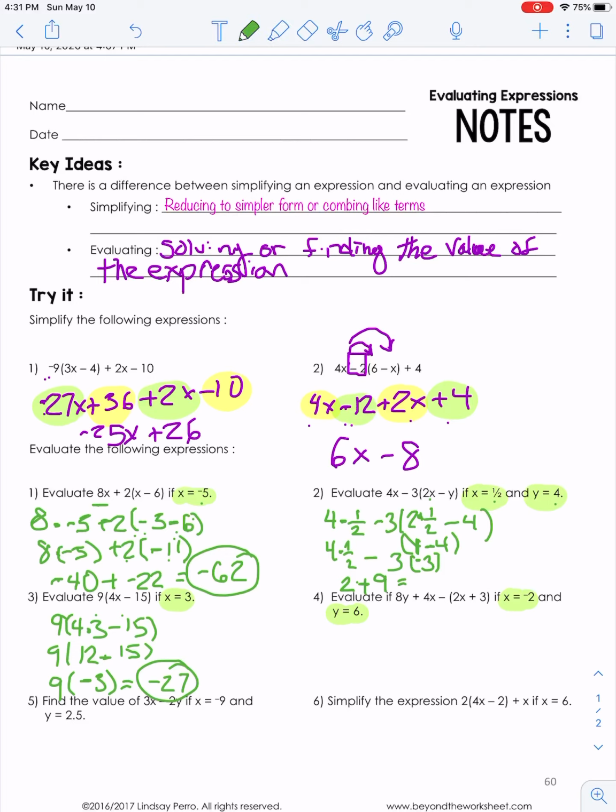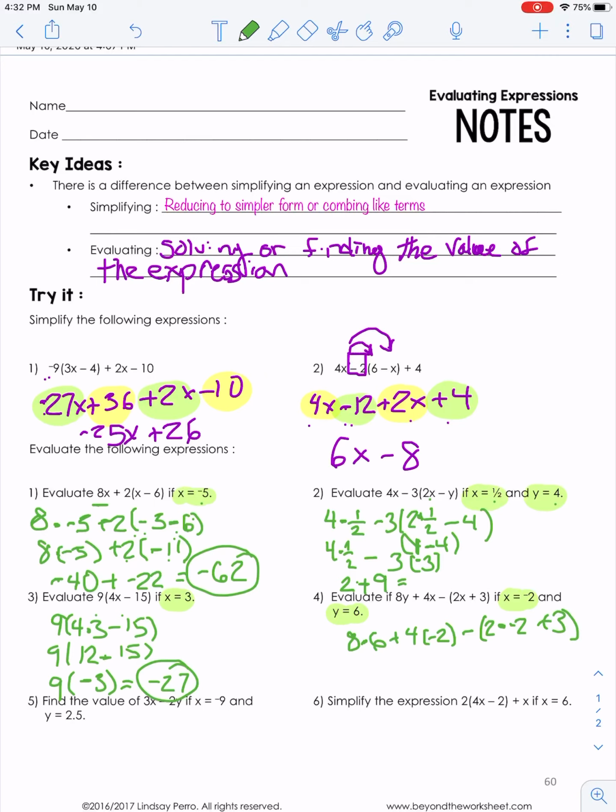So let's see. You're going to substitute first 8 times y, so 8 times 6 plus 4 times x, so 4 times negative 2, minus 2 times (negative 2 plus 3).